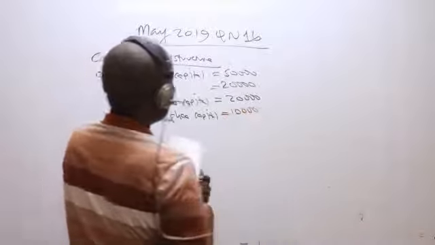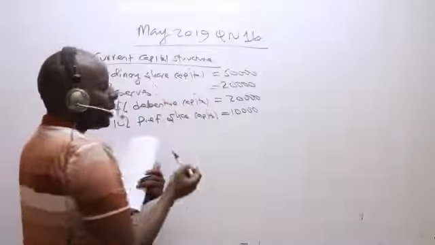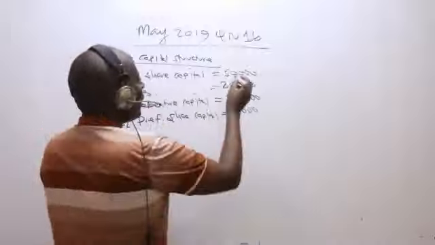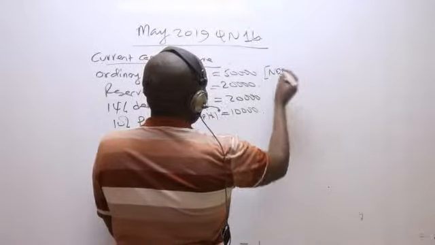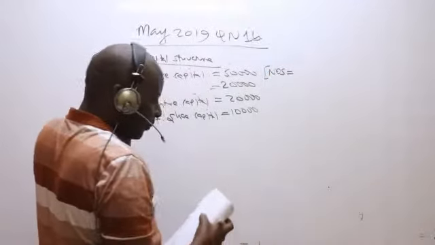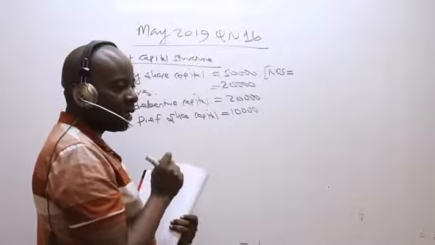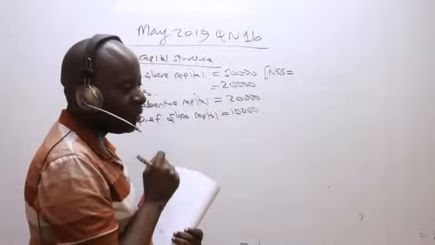Now, as a bright student, I know that whenever I see ordinary share capital, I will need the number of ordinary shares. So here I will come and calculate the number of ordinary shares. How do we get the number of ordinary shares? It's very easy.